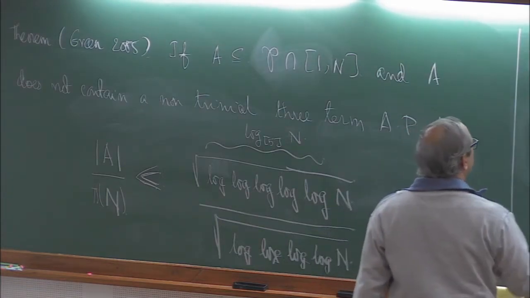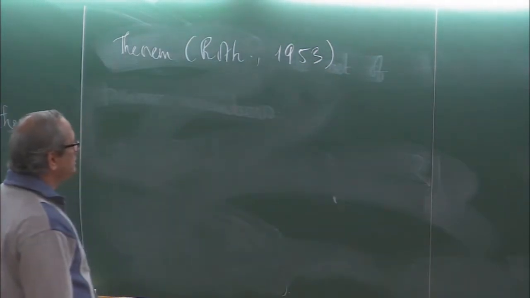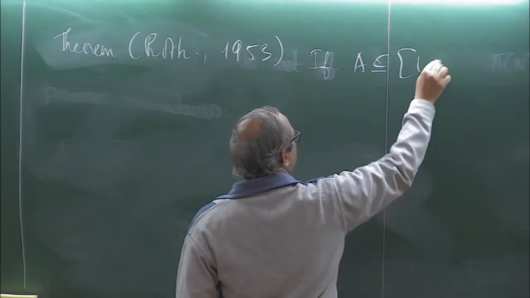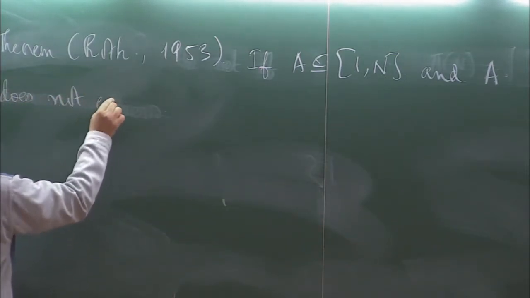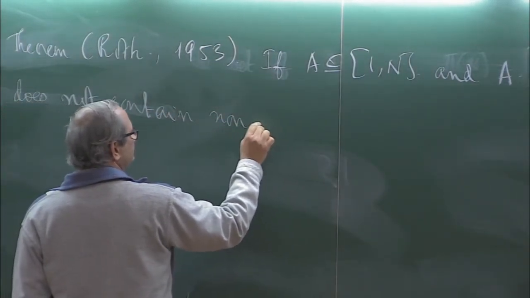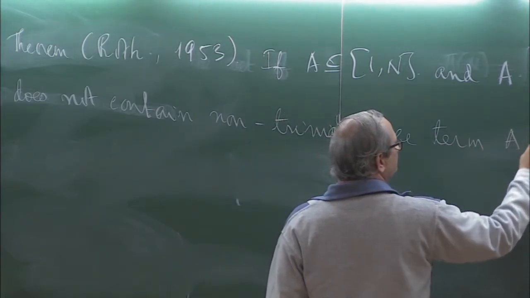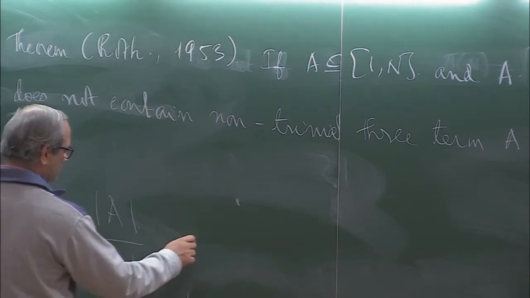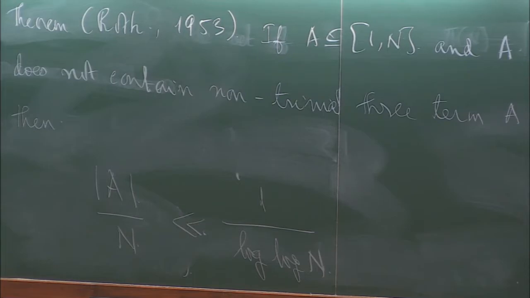So here is the theorem of Roth from, I think, perhaps 1953, which is that if A is a subset of 1 to n and A does not contain non-trivial three-term APs, then the cardinality of A by n is less than 1 over log log n.